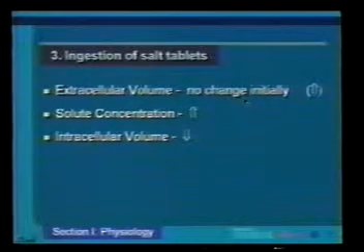Simply dissolving salt in the extracellular compartment does not change its volume significantly because there's no additional water there. Now going to the next variable, if you dissolve salt in the extracellular compartment, then you should be able to conclude that the salt concentration increases in that compartment. You have more salt in the body in the same volume of water, therefore the salt concentration increases.